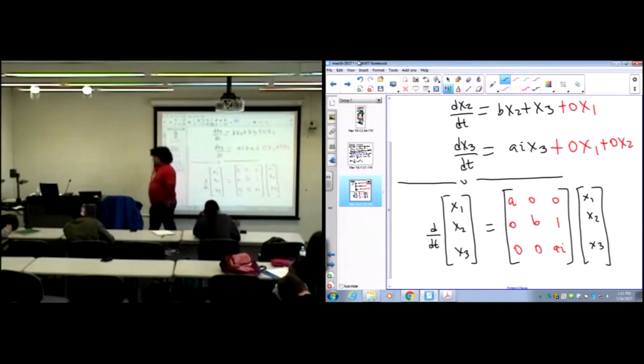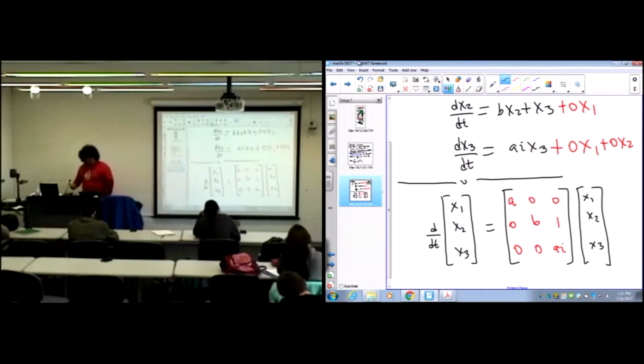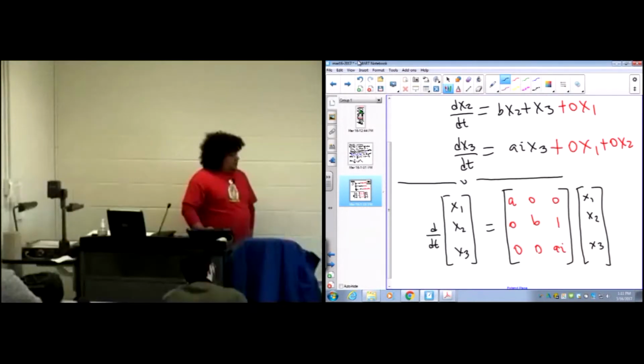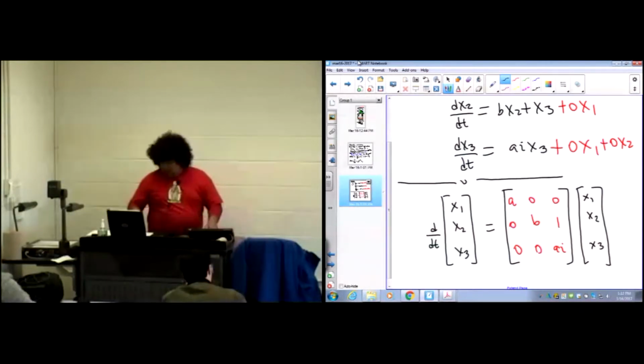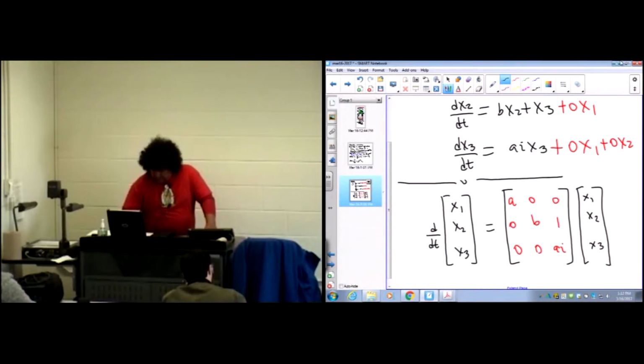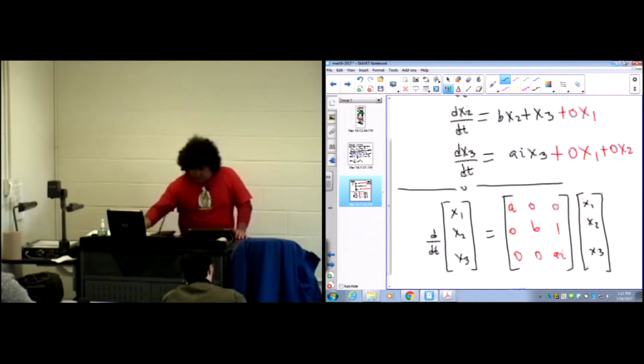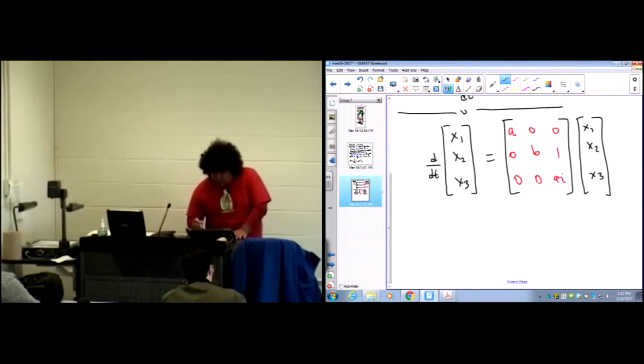I'm going to call them lambda 1, V1, lambda 2, V2, and lambda 3, V3. So we have lambda 1 equals, say, A, and V1, we found that the vector that goes with that eigenvalue is (1, 0, 0). Also, lambda 2, let's say that lambda 2 is B, the vector that goes with this eigenvalue is (0, 1, 0).